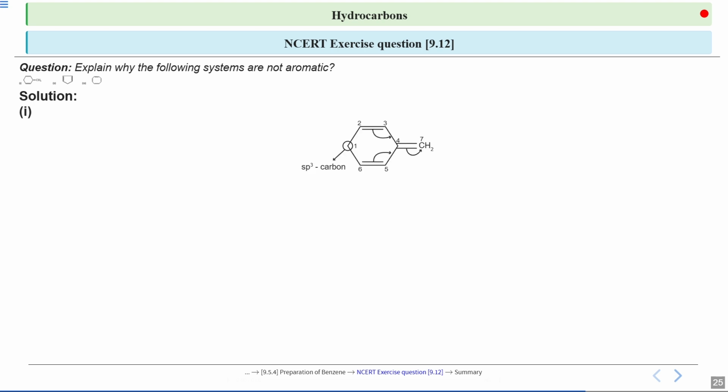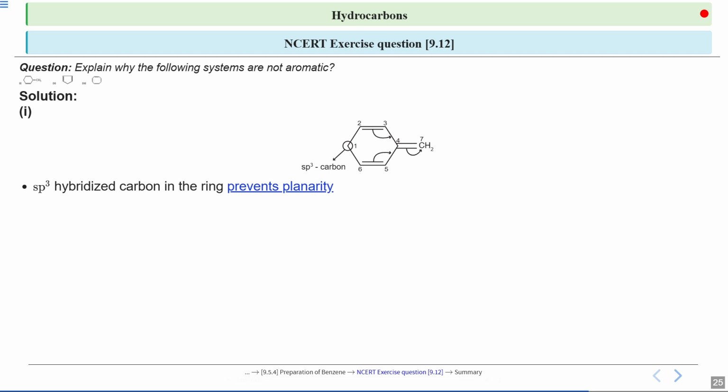If we focus on the structure labeled as 1, take a look at the structure shown here. We will analyze its features step by step to see why it doesn't qualify as aromatic. This ring contains a carbon atom that is sp3 hybridized. In simpler terms, sp3 hybridization means the carbon forms 4 single bonds and a tetrahedral structure.